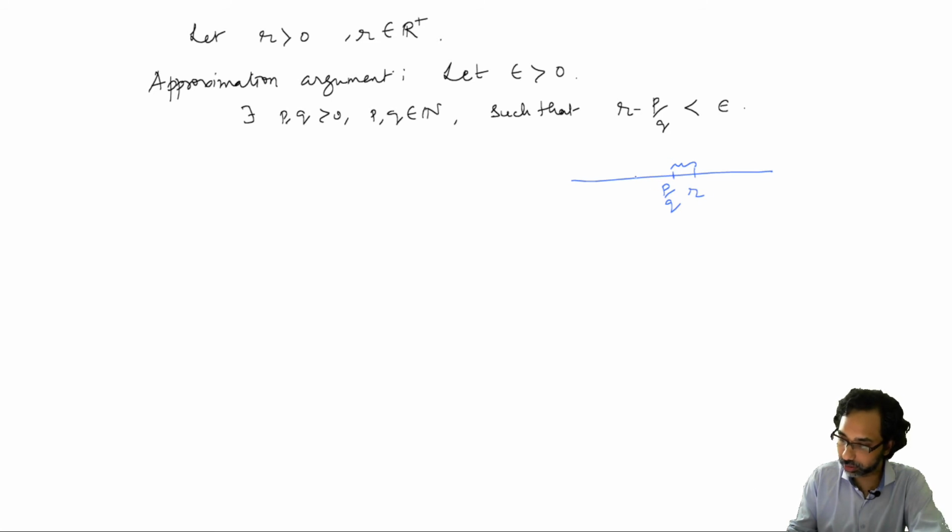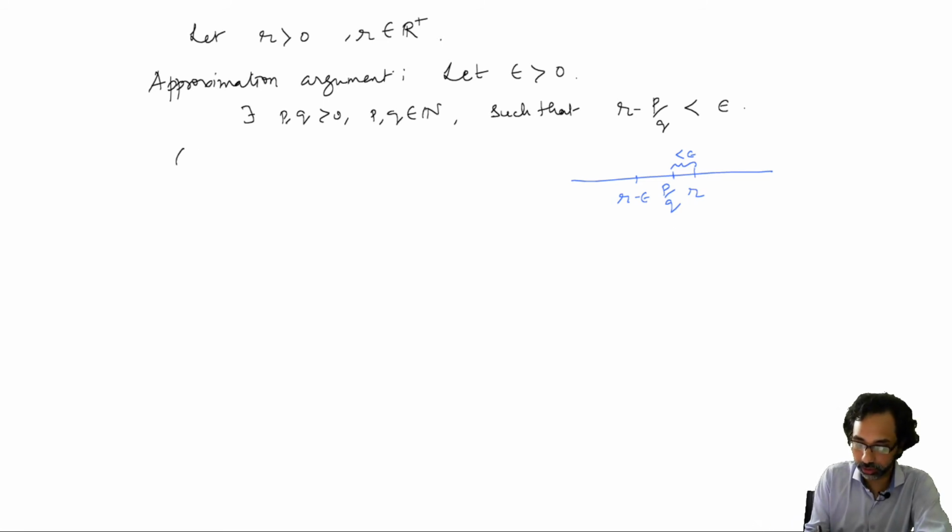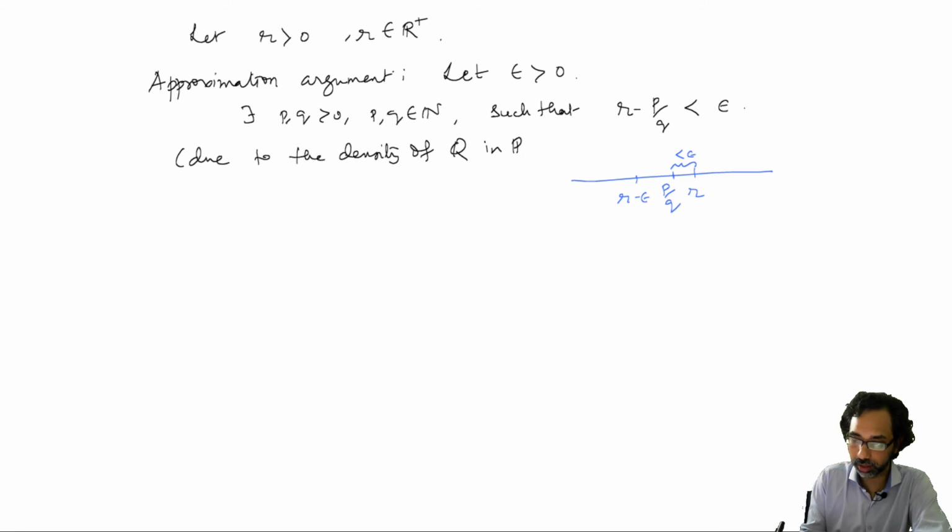So let's say this is r minus epsilon, so this distance is less than epsilon. We can do this for any arbitrary epsilon because of the density of rational numbers in R.